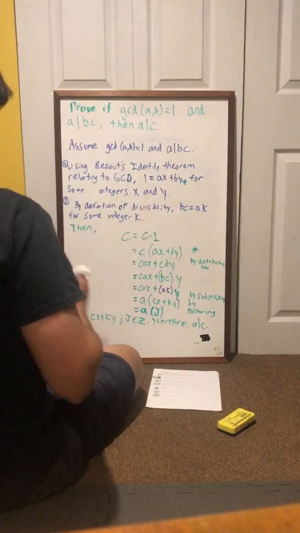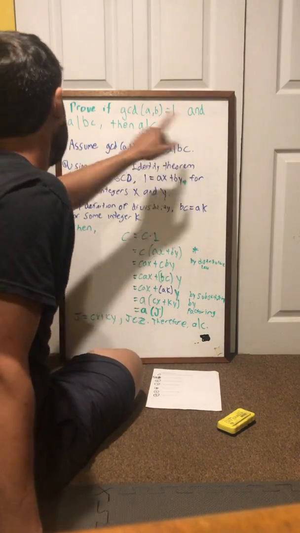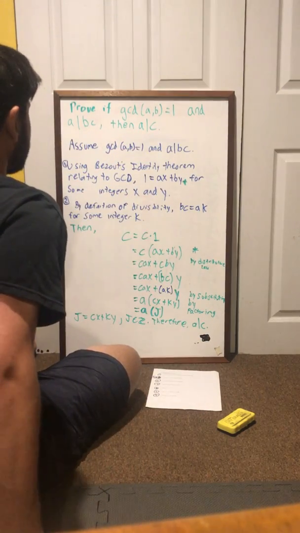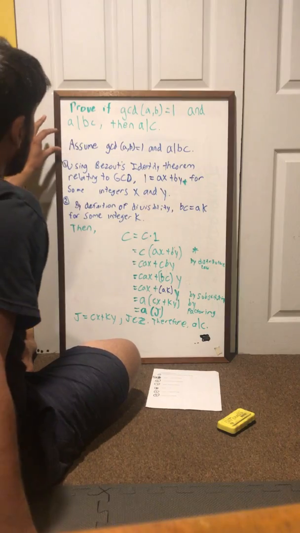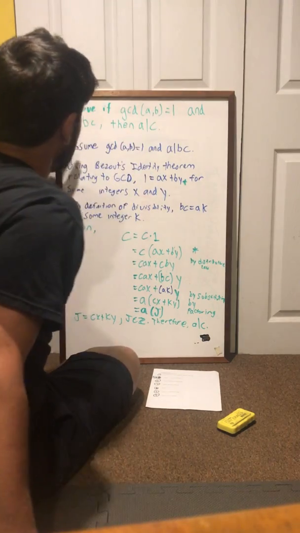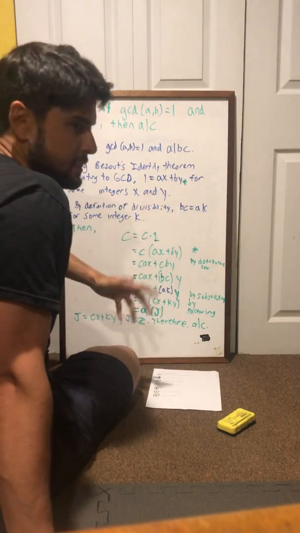So let's look at this one more time here. Prove if GCD of AB equals 1 and A divides BC, then A divides C. Using this first section of the if statement, we assume GCD of AB equals 1 and A divides BC.